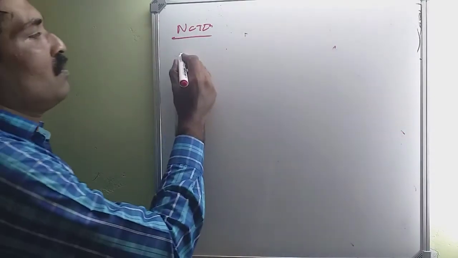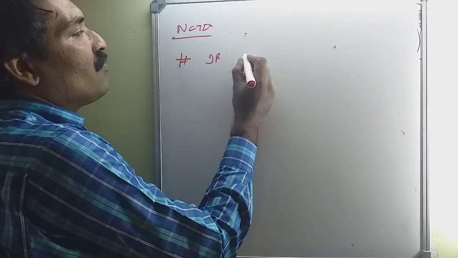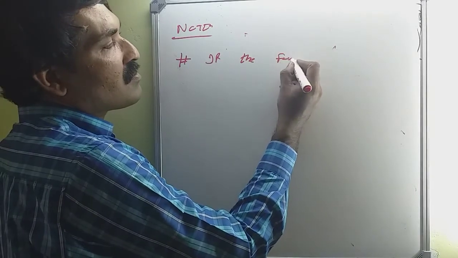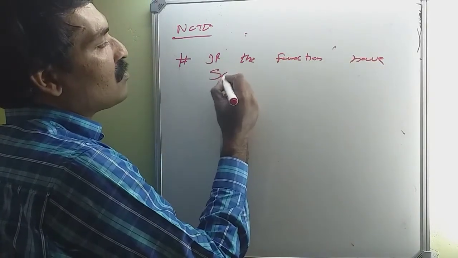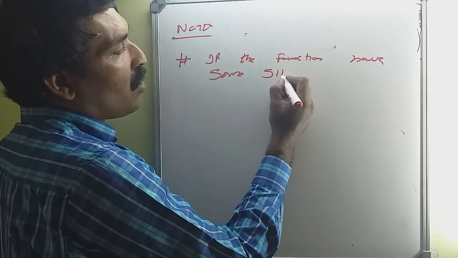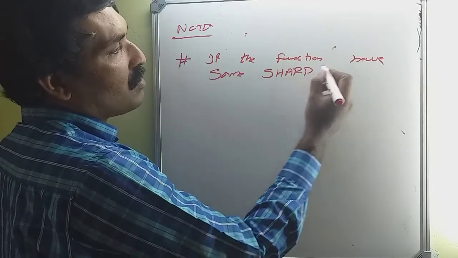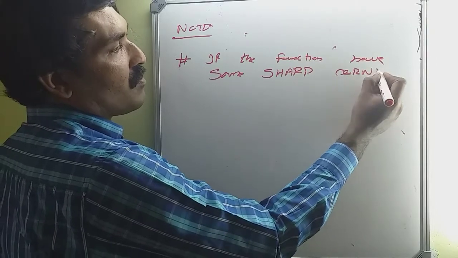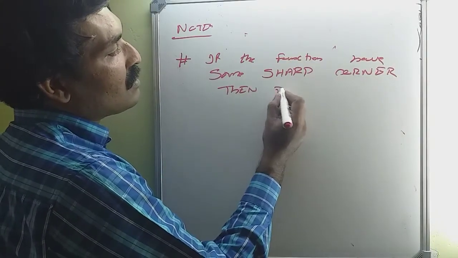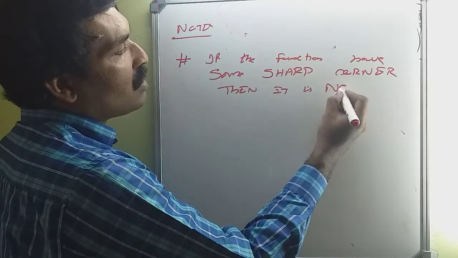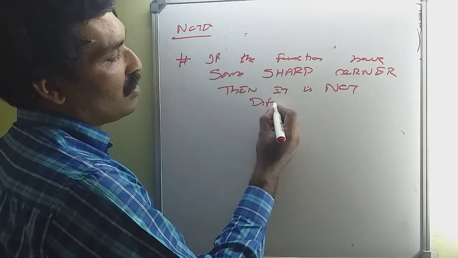So if the function has a sharp corner, then it is not differentiable.